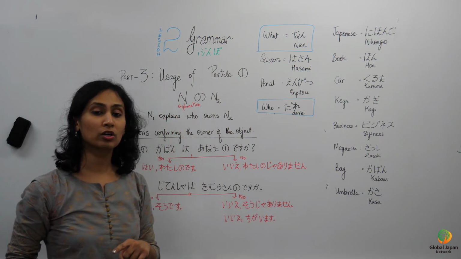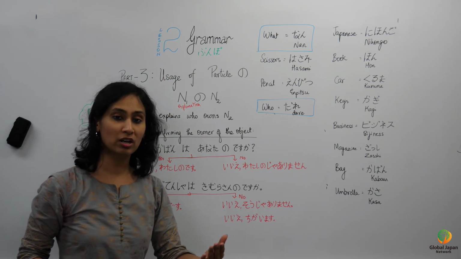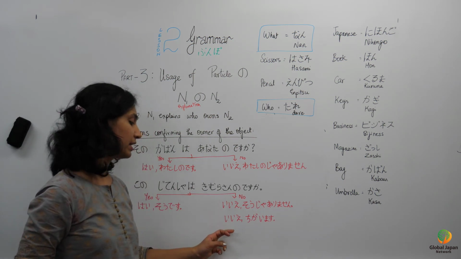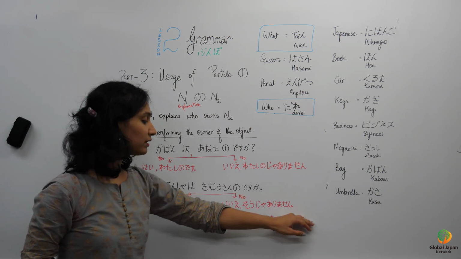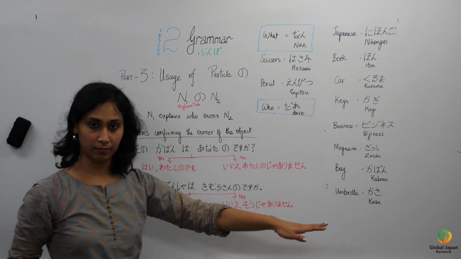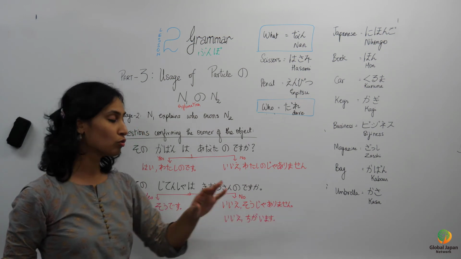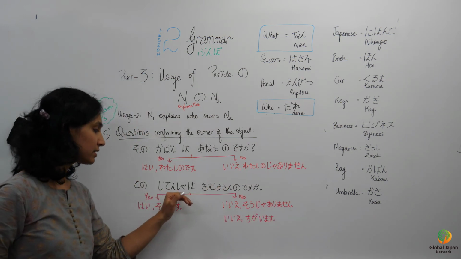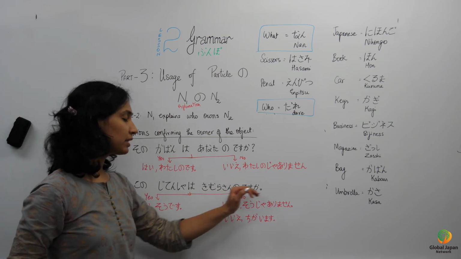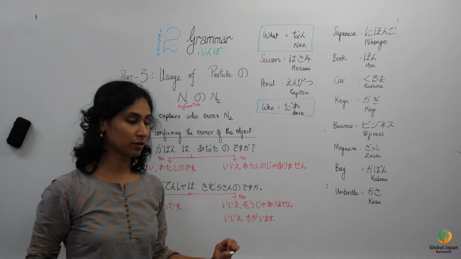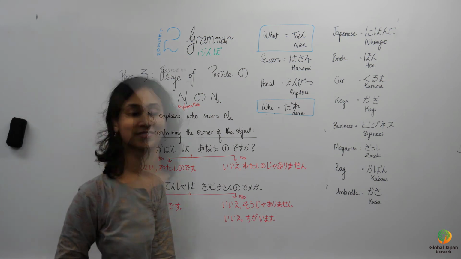Or there's another word to tell, no, that's not correct or that's wrong. It would be Iie chigaimasu. Followed by this, you could tell who is the owner. If you want to give more information, you know whose bicycle that is. You could tell Iie chigaimasu. Yamada-san no desu. You could complete the sentence that way.